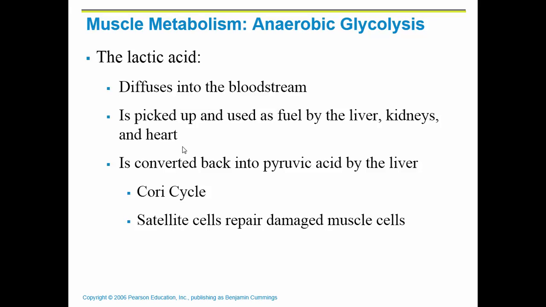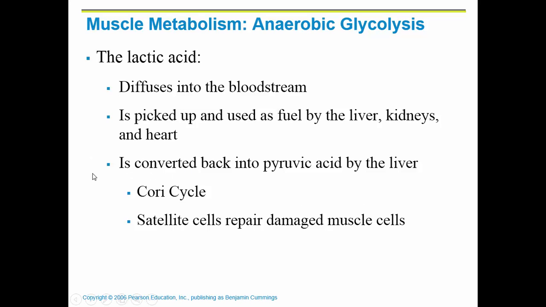But that lactic acid has to then be processed somehow in the body. It diffuses into the bloodstream, and it's going to mainly be picked up and used as fuel in the liver, kidneys, and heart. It's going to go into the liver, and it's going to then be converted back into pyruvic acid by something called the Cori cycle.